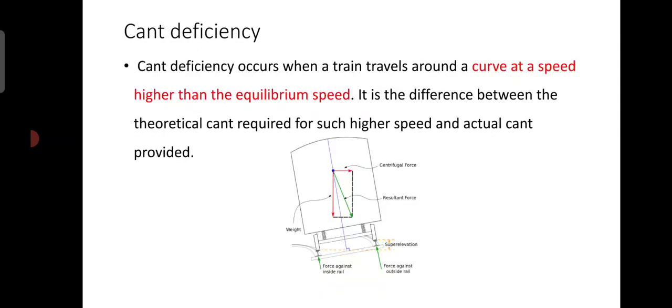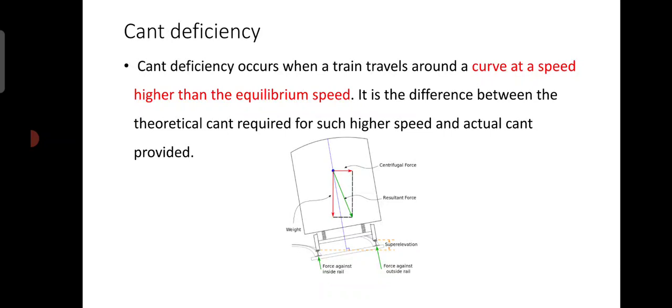Cant deficiency. Cant deficiency occurs when a train travels around a curve at a speed higher than the equilibrium speed. It is the difference between the theoretical cant required for such higher speed and the actual cant provided. In such cases, we can see the centrifugal force as a horizontal red line and the weight of the railway vehicle as a downward red line, and the green line is the resultant force.